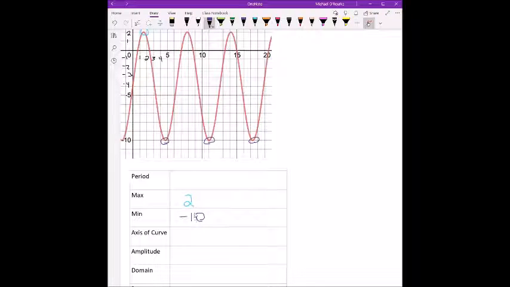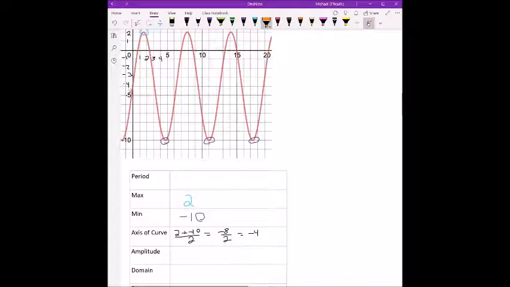Now to find the axis of my curve, it's max plus min divided by 2. So I'm going to go 2 plus negative 10 divided by 2. 2 plus negative 10 is negative 8 divided by 2, so negative 4 is my axis of a curve.